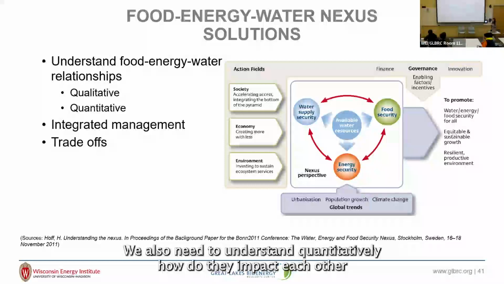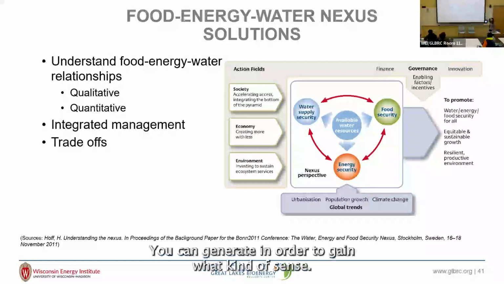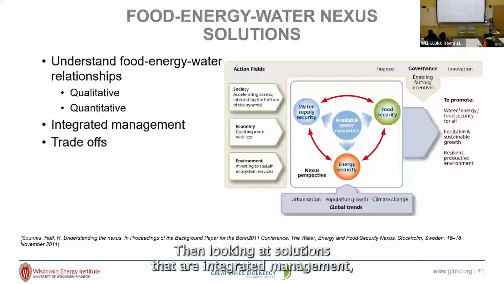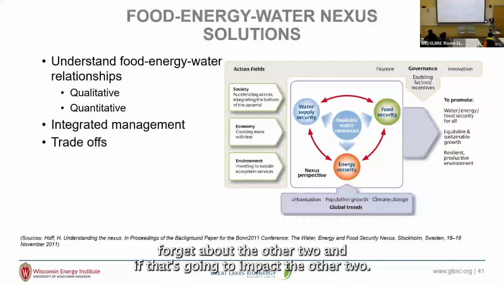We also need to understand quantitatively, how do they impact each other? So you can understand what kind of solution you can generate in order to gain what kind of effects, right? Then looking at solutions that are integrated management, when you try to solve one side of a problem, don't forget about the other two, and if that's going to impact the other two.